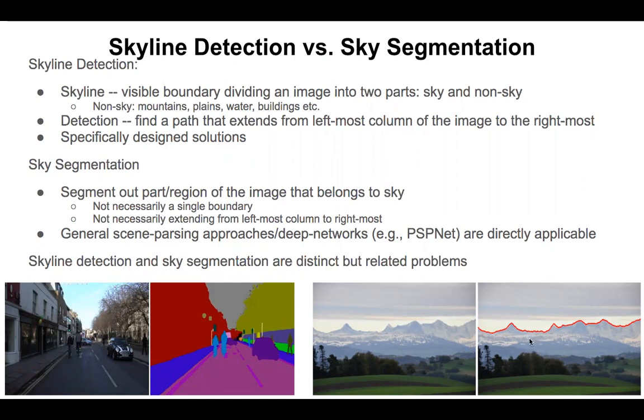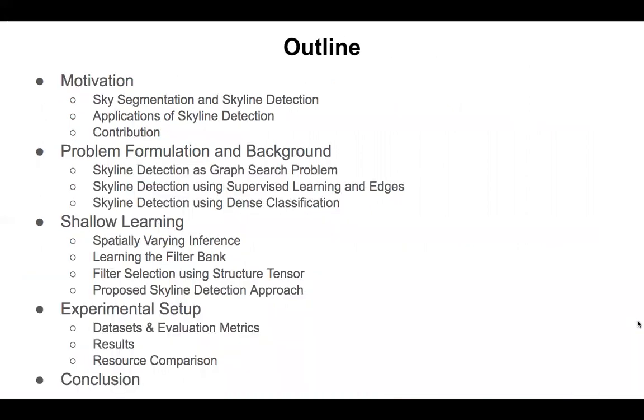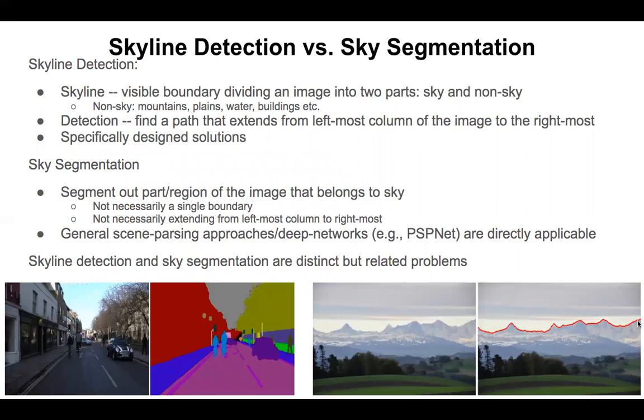One of the assumptions that skyline detection approaches make is that the path extends from the leftmost column of an image to the rightmost column. It is somewhat different from another popular problem, which is sky segmentation, where any general network, like those for semantic segmentation or scene parsing, can be applied.